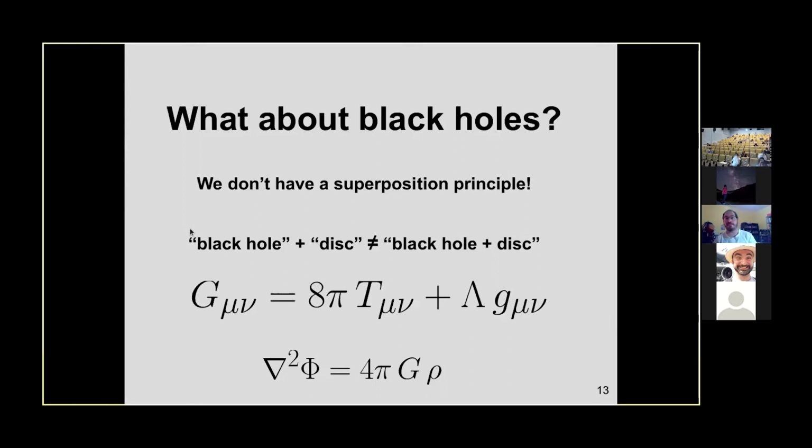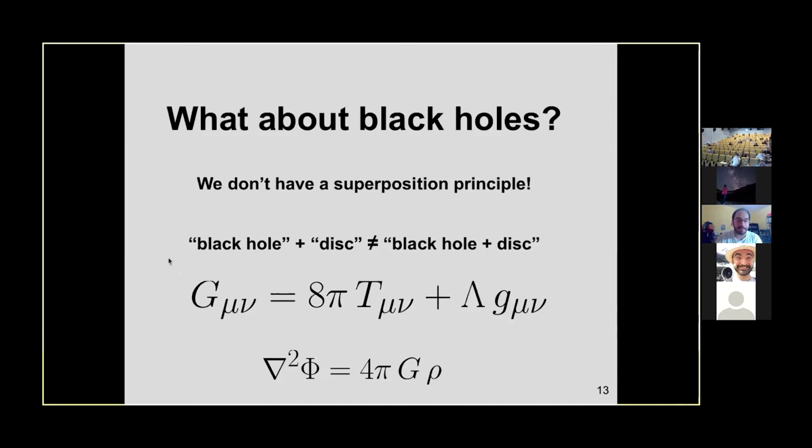But I didn't do it because in general relativity, we don't have a superposition principle, in the sense that if we have Poisson's equation and add a monopole plus a disk, the potential of a monopole plus the potential of a disk will create the system monopole plus disk. In general relativity, the equation for the metric is nonlinear.